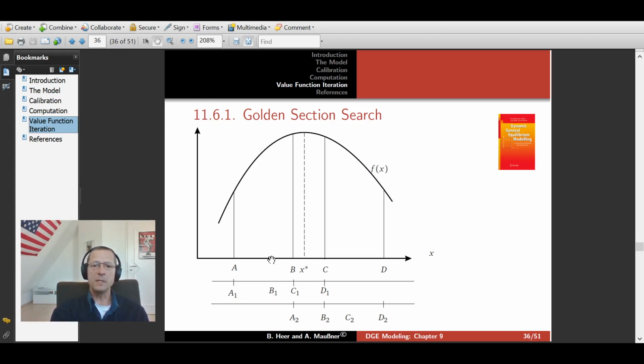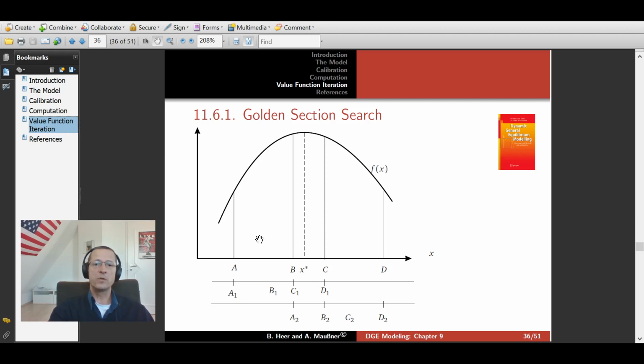We call it b1 here, and compare again the function values at point b1 and b. Now, if the function value at point b is the larger one, then we use this interval, a1, b1, and b.